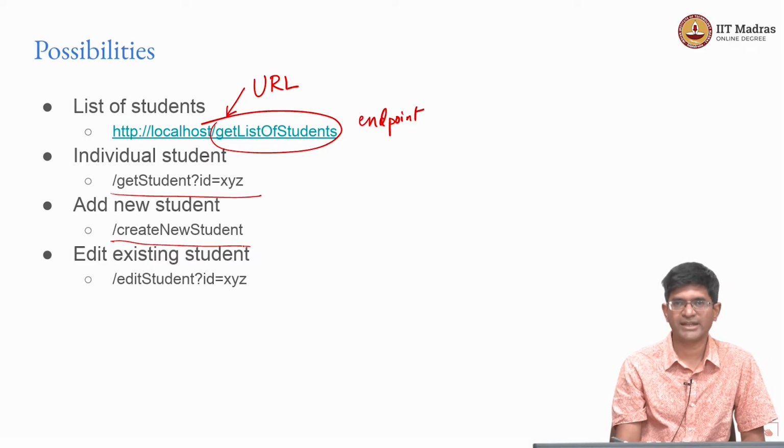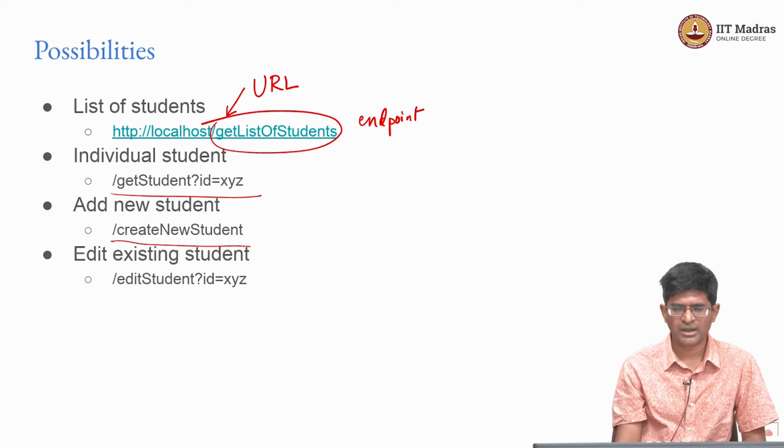And if I wanted to edit an existing student, I still need to give the ID of the student and call a function that would allow me to edit that information. So the important thing to understand over here is fundamentally there's nothing wrong with this. You are doing a direct mapping of the names of the functions in your backend code to endpoints or URLs that can be called by the outside.